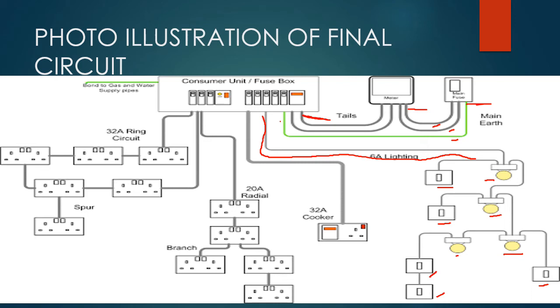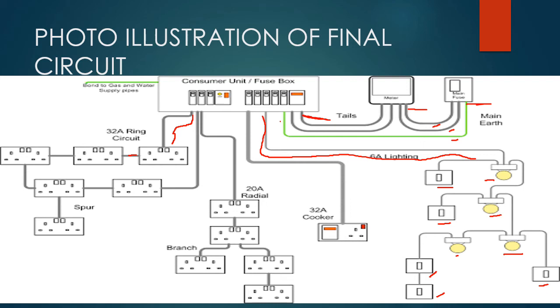A ring, just the same way that we always say in marriage, for you to hold a wedding, you must have two rings, one for the bride and one for the groom. So the same way, for a ring final circuit, you have the first cable that moves from the consumer control unit. It goes to the first socket, you loop it to the second socket, you loop it to the third socket, you loop it to the fourth, you loop it to the fifth.